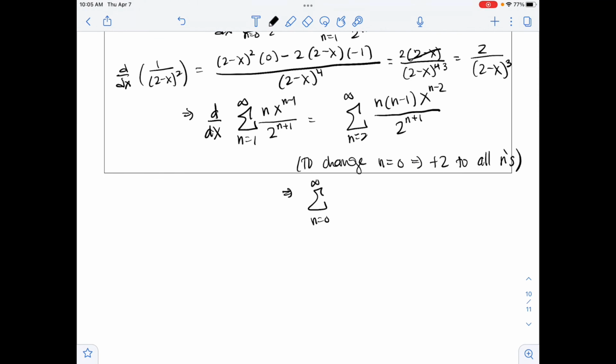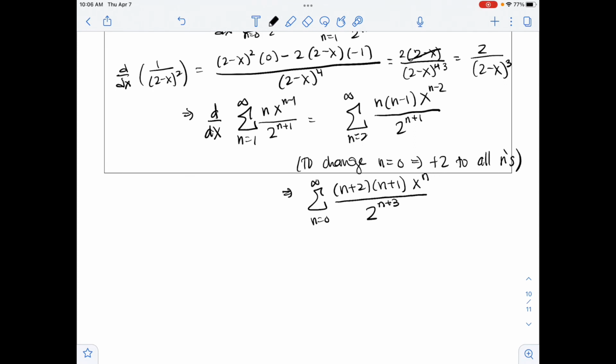That first term, we would add 2 to it. We're going to have n plus 2. The second term, n minus 1 plus 2, would be n plus 1. X to the nth, since we'd have n minus 2 plus 2, and then divided by 2 to the n plus 1 plus 2, or 2 to the n plus 3.